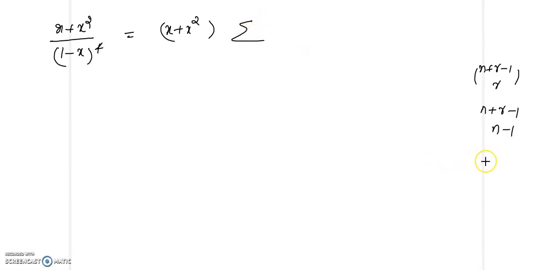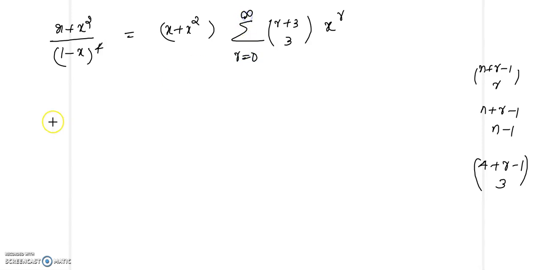So you will get 4 plus r minus 1 c3. So that is r plus 3 c3 x raised to r, where r is equal to 0 to infinity.